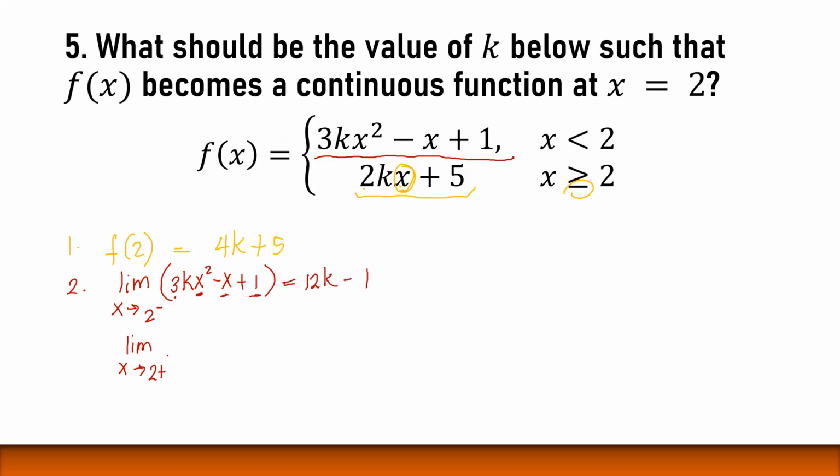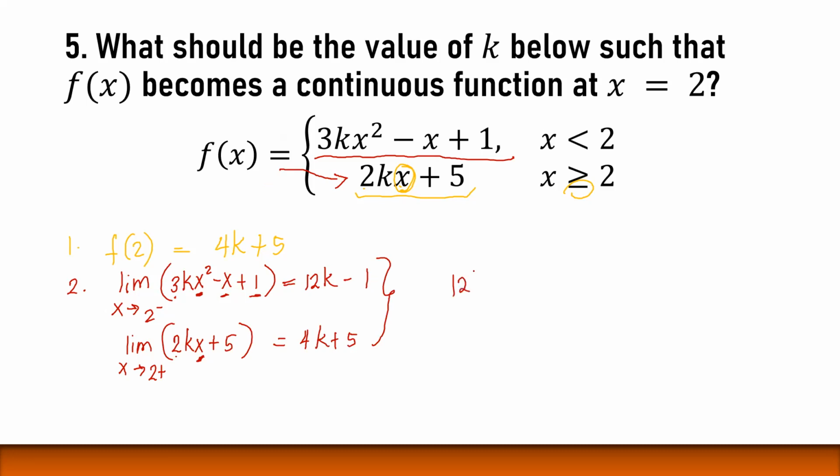Okay. Tapos from the right naman, ang f of x natin will be defined as 2kx plus 5. So this will be approaching 2, so 4k plus 5. Okay, so this have to be equal.